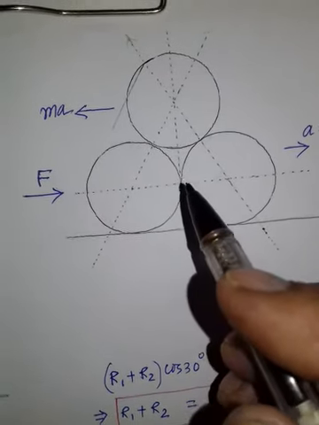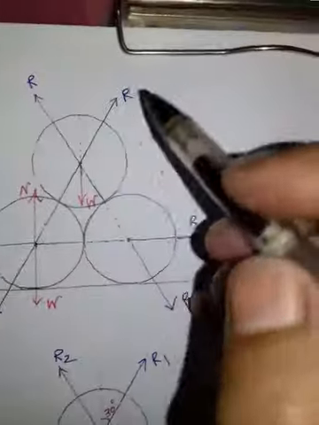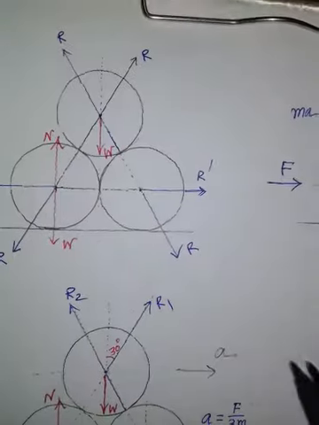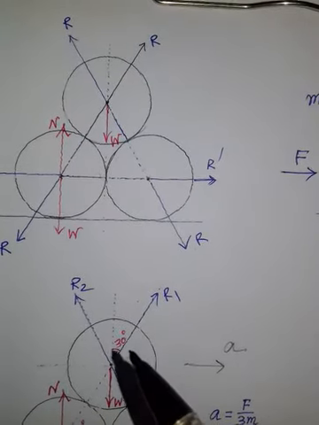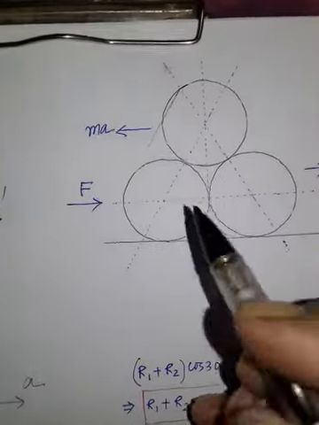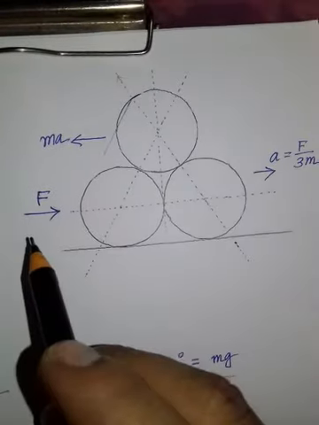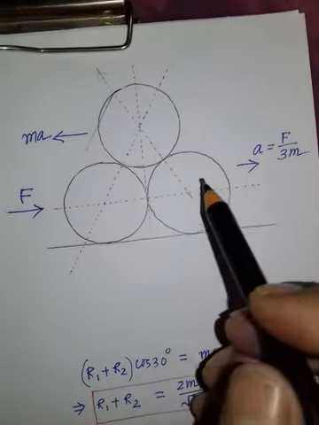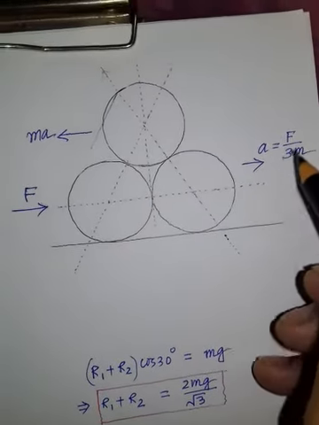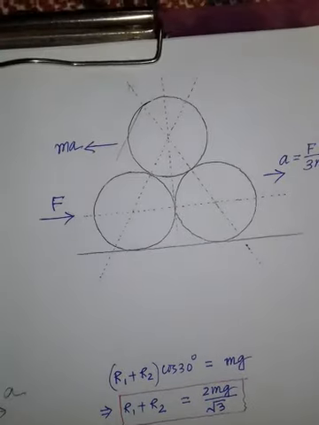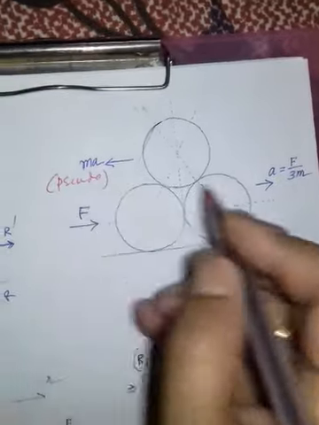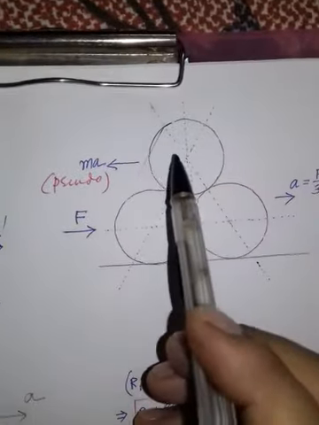And then what will happen to these reaction forces? Actually, these two reaction forces then will not be of the same magnitude. Question arises, why? When we apply a force F, this system will have a tendency of moving rightward with acceleration F by 3m. So a pseudo force will act on this upper cylinder.